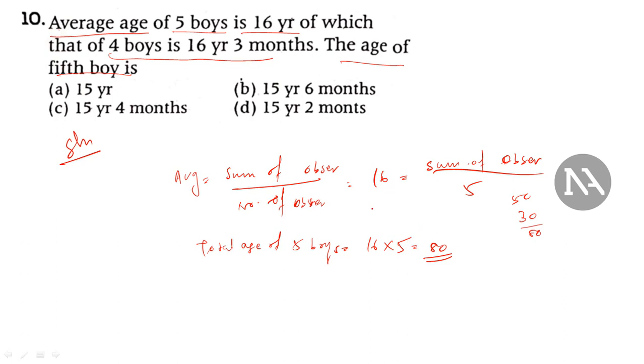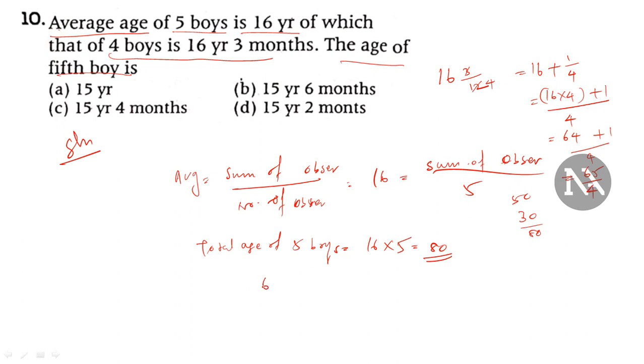Then they have given that the 4 boys' average is 16 years 3 months. I can write this as 16 plus 3 divided by 12, which is 16 plus 1 divided by 4. I can write this as 16 into 4 plus 1 divided by 4. So 16 into 4, 10 4s are 40, 6 4s are 24, so it is 64 plus 1 divided by 4, so it is 65 divided by 4.